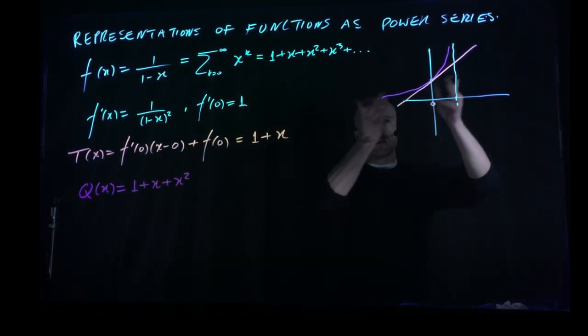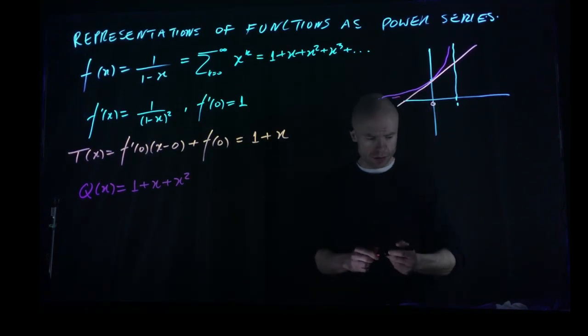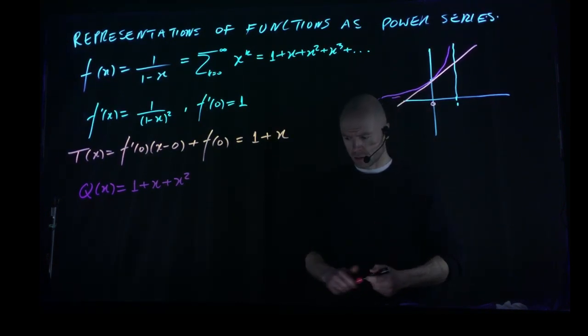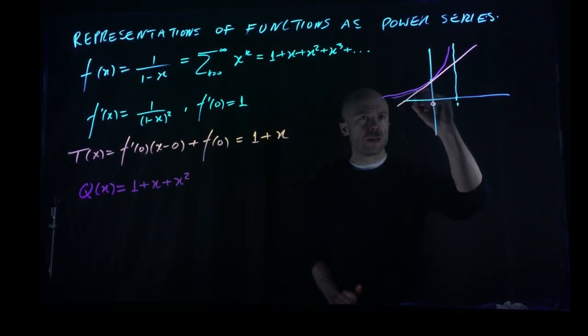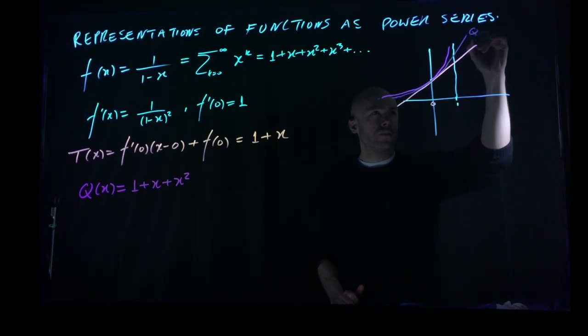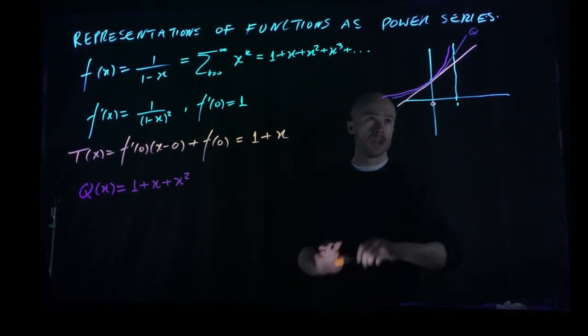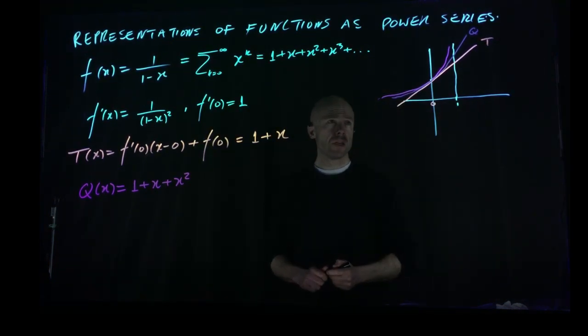When x equals 0, we agree, it's the same thing, but all it's doing is putting a bend in this function. Let me do blue. It's doing a bend like this. So this is our function q, and this function here is the tangent line t.